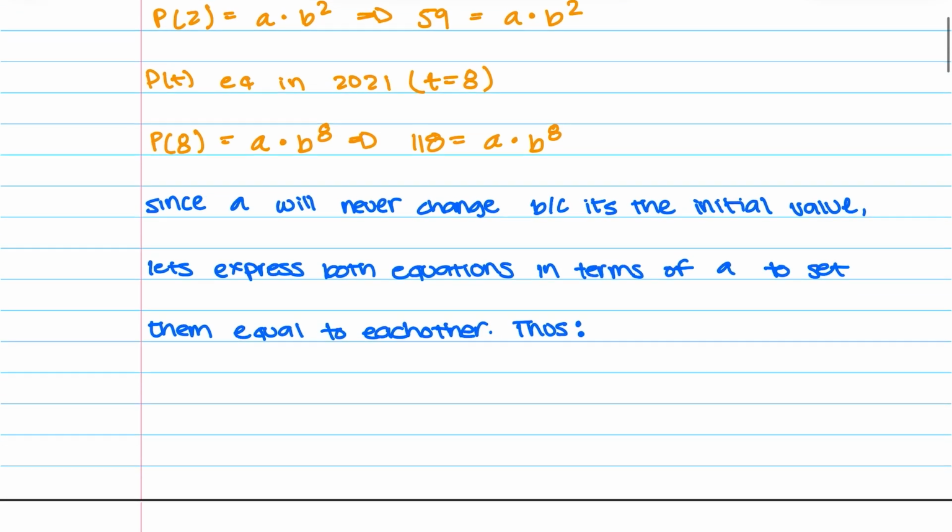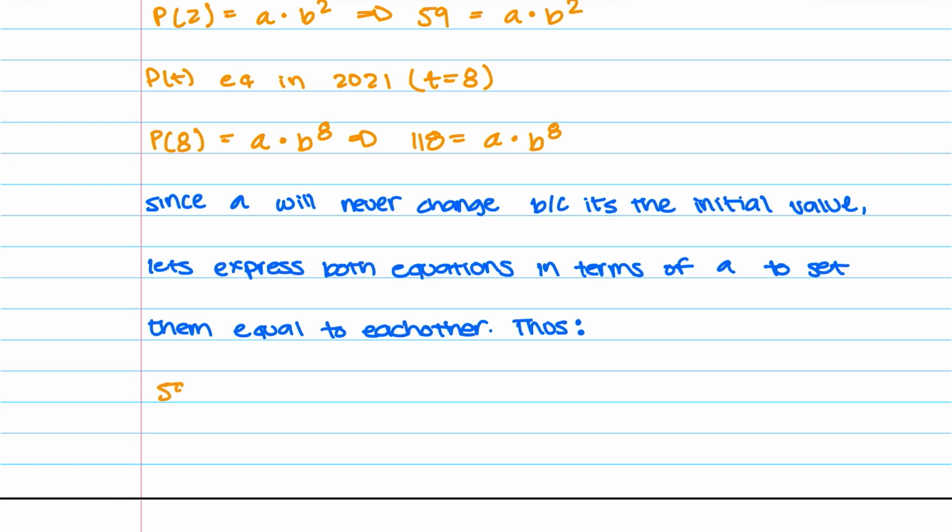Our first equation is 59 is equal to a times b squared, and expressing it in terms of a, we end up with a is equal to 59 divided by b squared. Applying these same steps to equation 2, which is 118 is equal to a times b to the 8th, we end up with a is equal to 118 divided by b to the 8th power.